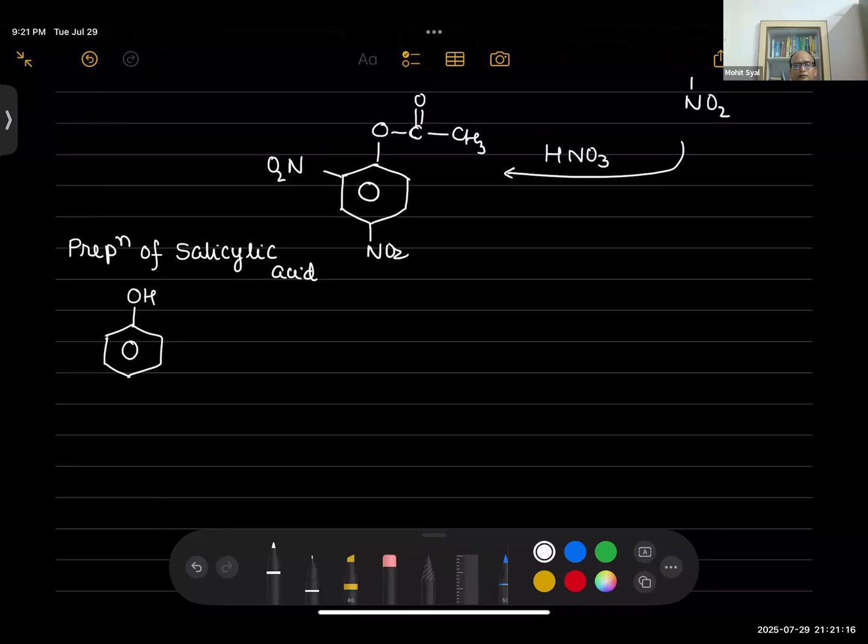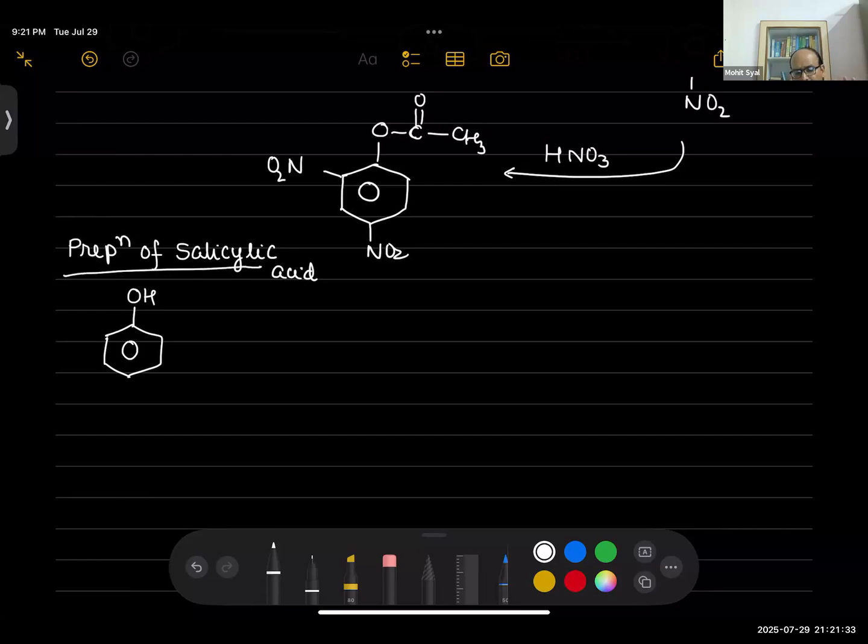Got it? Salicylic acid, we just need to put a COOH group.